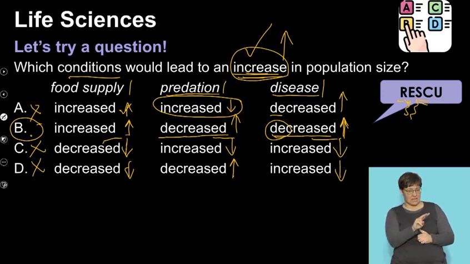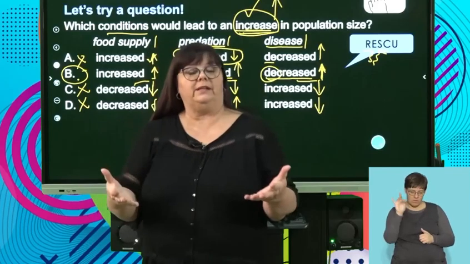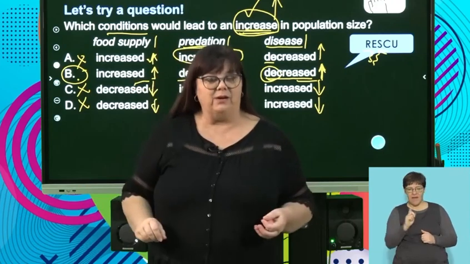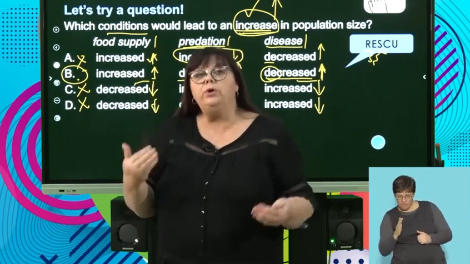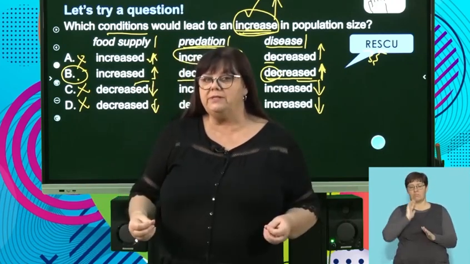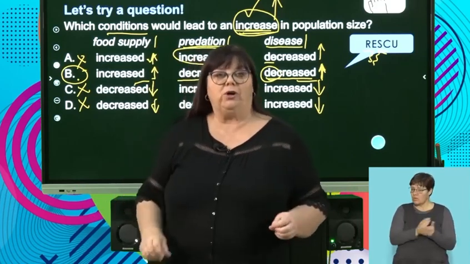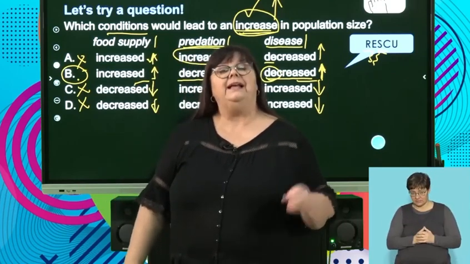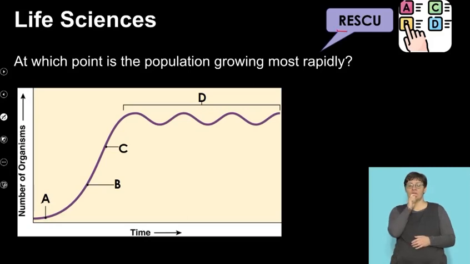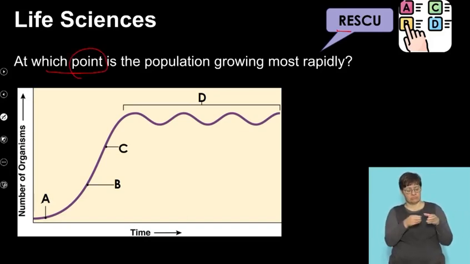Do you see that it wasn't a case of just looking at the question and guessing one of the answers? We worked through a logical process to make sure we got to the right answer. Let's use our RESCUE strategy to read the question. At which point is the population growing most rapidly?